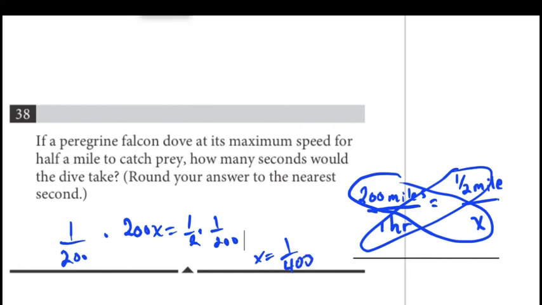And that's in hours, so we get 1/400th of an hour. Well, what is that? That's weird. What is that in seconds? Well, let's multiply by 60 to get minutes, and we multiply that by 60 to get seconds, which is 3,600. So we're just going to do 60 times 60 times 1 over 400.